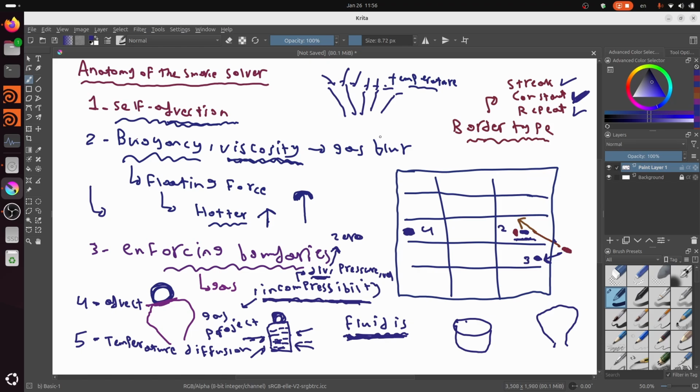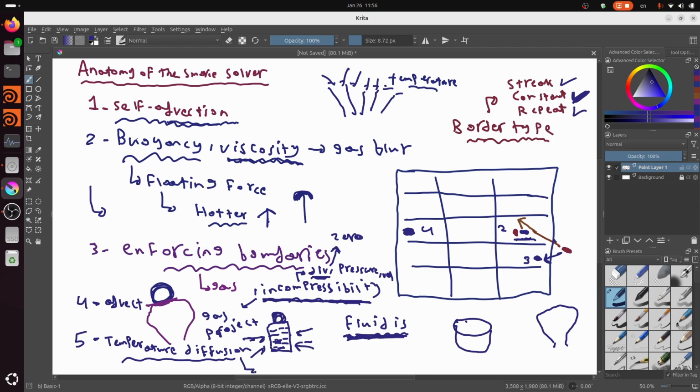It's going to lose its temperature by time until it stops floating, and this is called temperature diffusion. You are losing your temperature by time, and this causes your smoke to stop spreading at some time. It's going to spread at some time into the air.